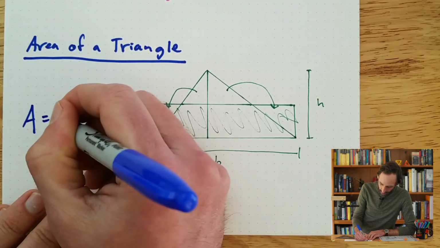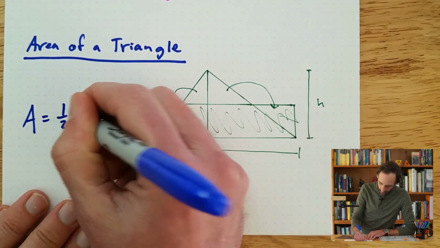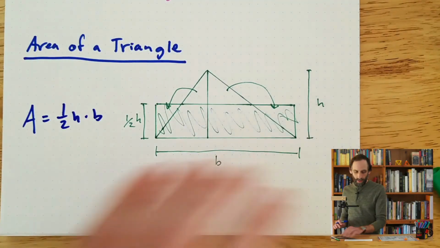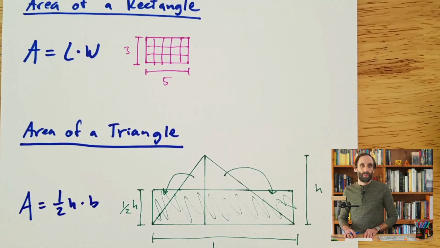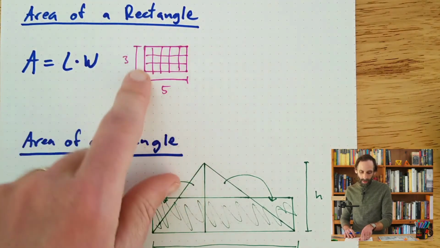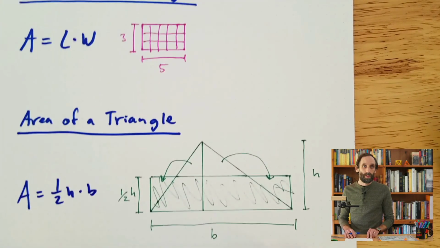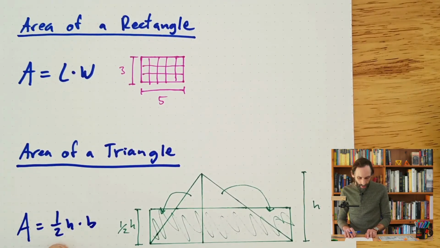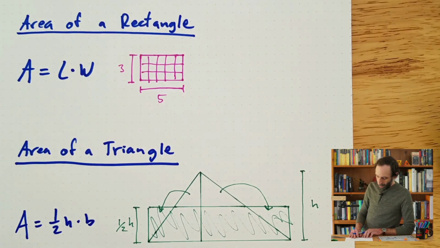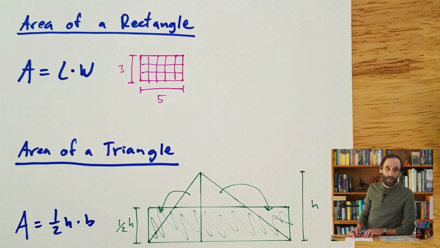The area is 1/2 the height times the base. So this is fairly similar to the area of a rectangle, right? The area of a rectangle is length times width. You could also say base times height. And then the area of a triangle is half of the base times the height. So those are two key formulas for finding areas.